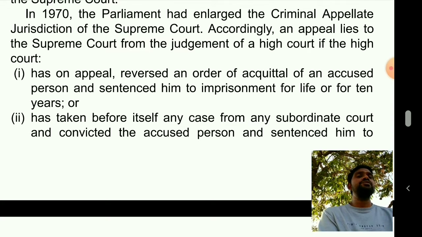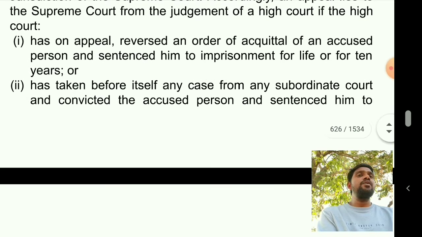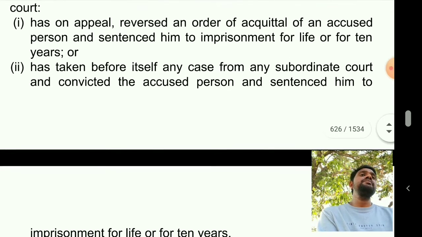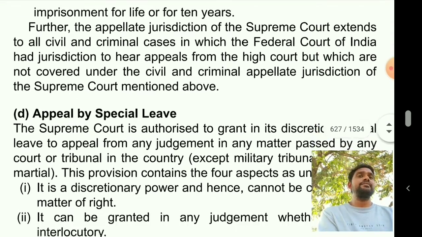Accordingly, an appeal lies to the Supreme Court from the judgment of a High Court if the High Court, first, has on appeal reversed an order of acquittal of an accused person and sentenced him to imprisonment for life or for 10 years. Second, has taken before itself any case from any subordinate court and convicted the accused person and sentenced him to imprisonment for life or for 10 years.